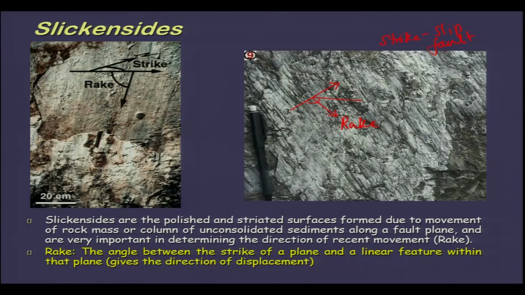This part will become clearer when we talk about strike slip faults, but as part of the features, you can just remember this. So this is the direction, and this is the rake, the direction in which the faulting or displacement has occurred.